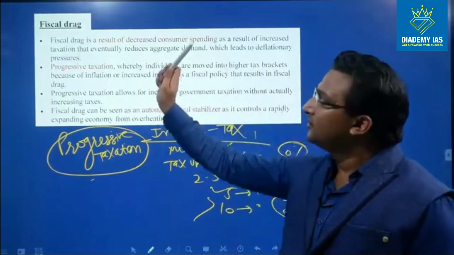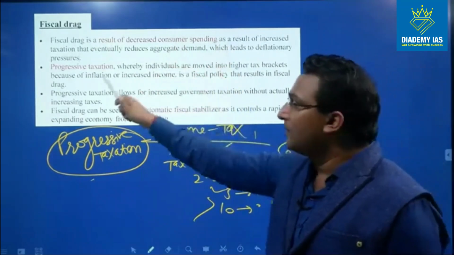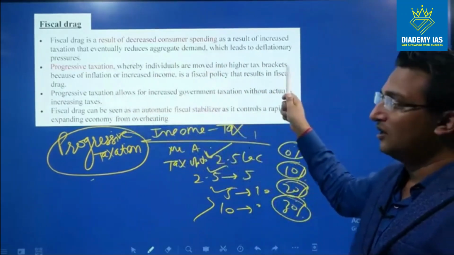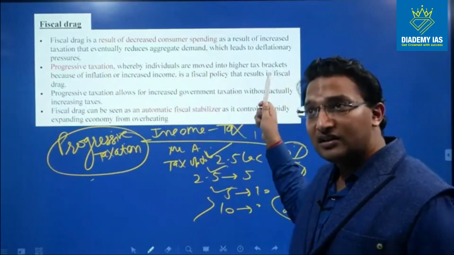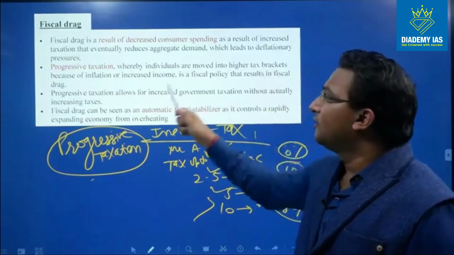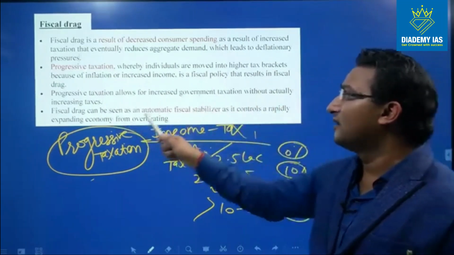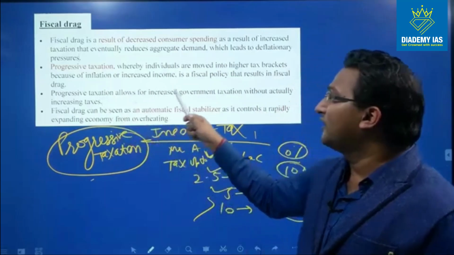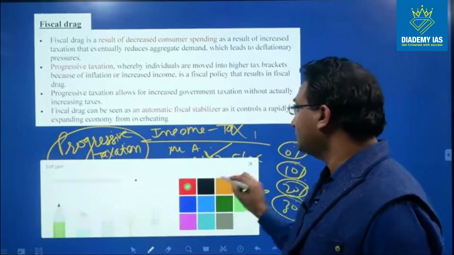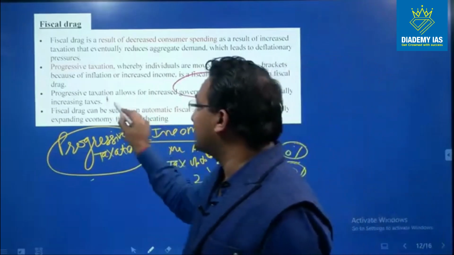So we have seen it is a result of decreased consumer spending of Mr. A. Progressive taxation, whereby individuals are moved into a higher tax bracket, so Mr. A moved from the bracket of 20% to 30% because of inflation or increased income, is a fiscal policy that results in fiscal drag. Progressive taxation allows for increased government taxation without actually increasing tax rates, right? So the government taxation actually increased without increasing the tax rates.